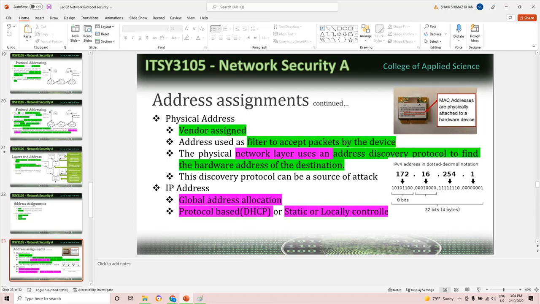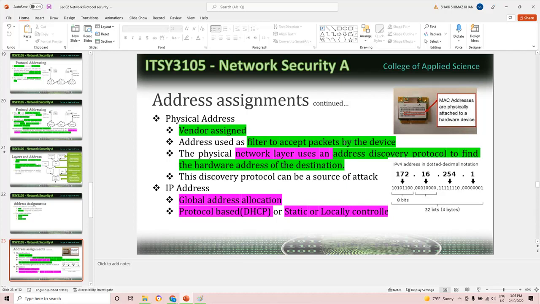Any device, when any frame comes to it, will accept the frame only when it has its MAC address. If the frame has its MAC address, then it will accept. For example, someone is bringing a parcel to you. You will take the parcel only when it has your address, house address, flat address.